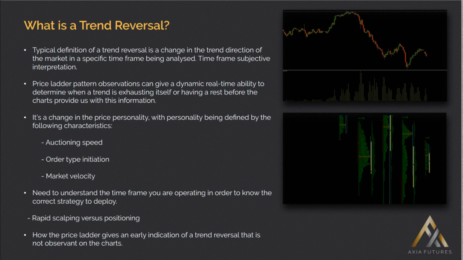You need to understand the time frame you're operating in in order to know how to deploy the correct strategy, and that's important. You could have a big daily level and the market comes in to test that daily level, and as it approaches that daily level, it approaches with a lot of speed, but just as it gets within 20 ticks it starts slowing down.